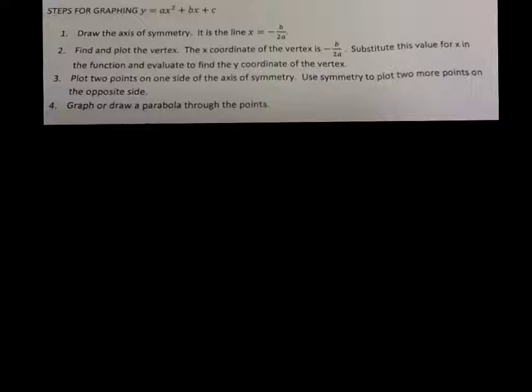The formula is right there. The x coordinate that your line's going to go down, the x value, is going to be at negative b over 2a. So you put the b in the numerator, and then 2 times the a value, and once you've got that answer, you make it the opposite sign, and that is where your x value will be for your axis of symmetry.